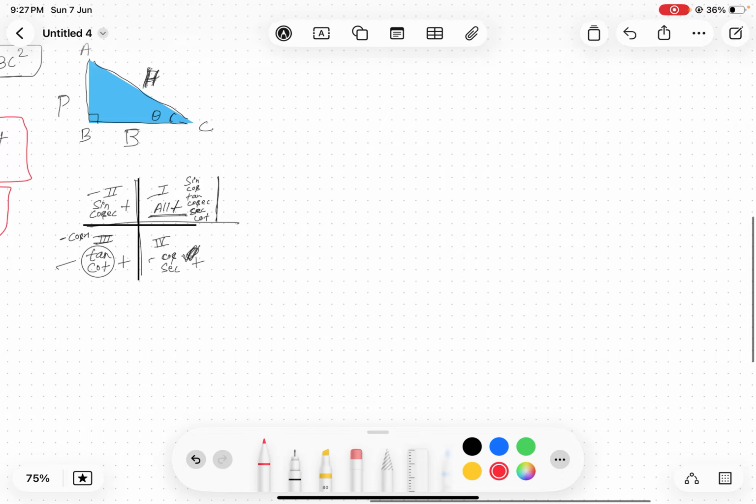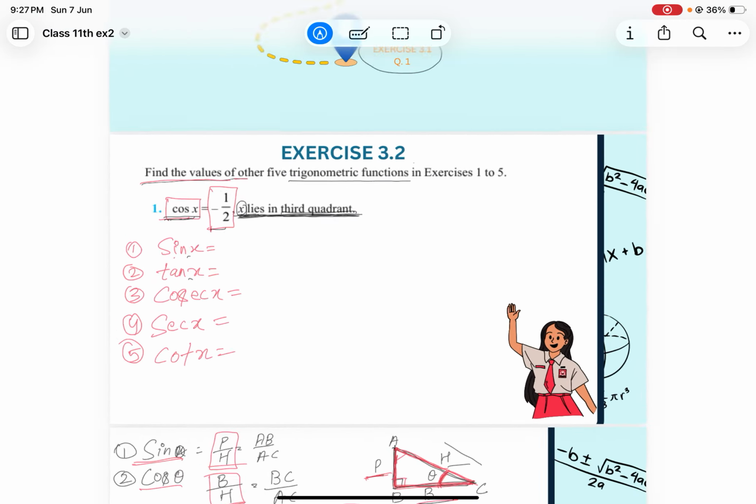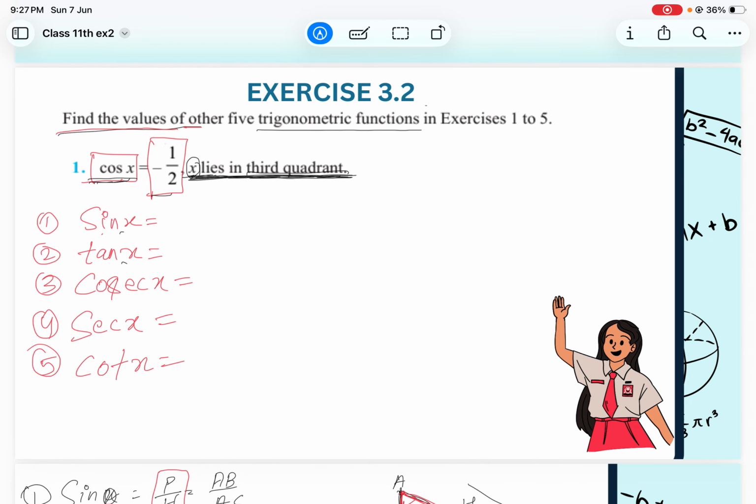Now we will start solving the question. Look, we have a right angle triangle. This is very helpful whenever you are doing any exercise: write A, B, and C. This is the perpendicular, this is the angle x, and now we have cos x equal to minus 1 by 2.